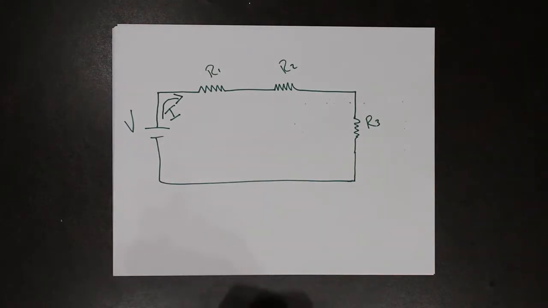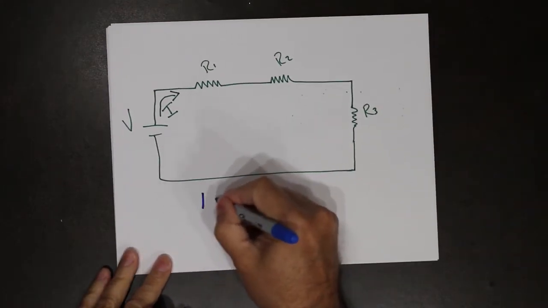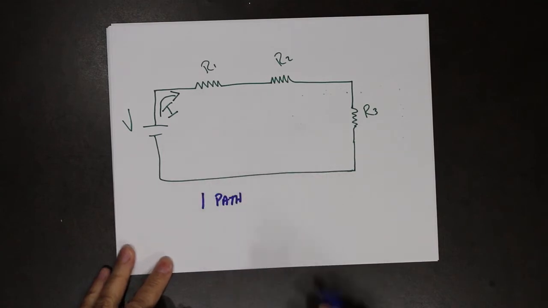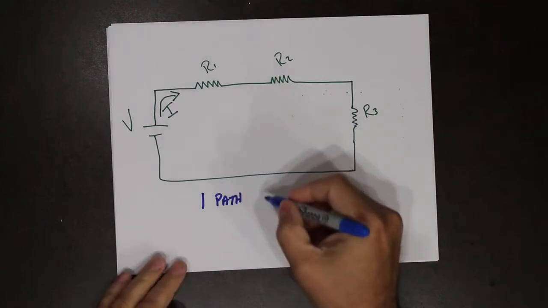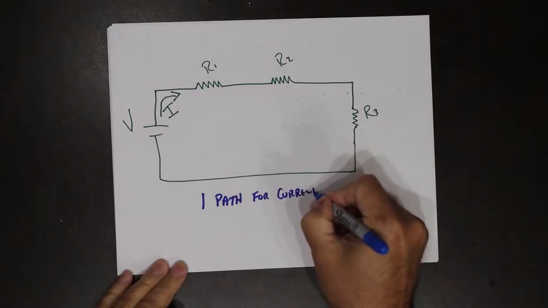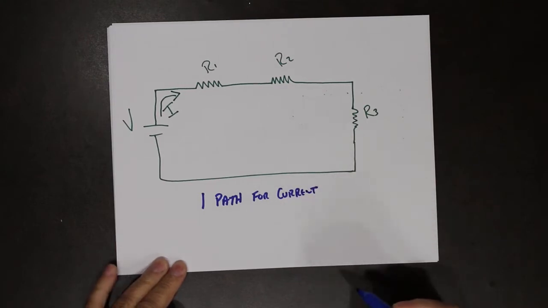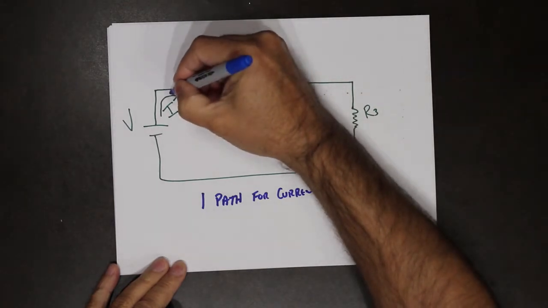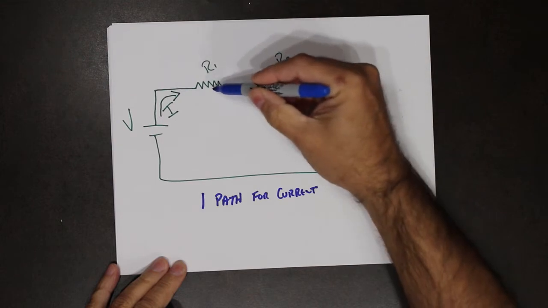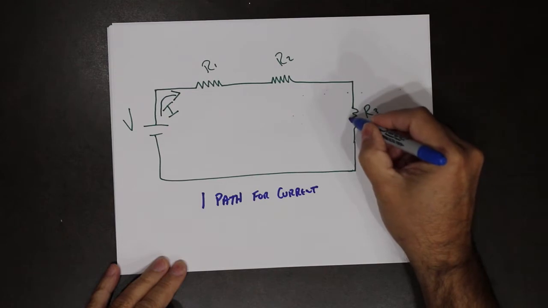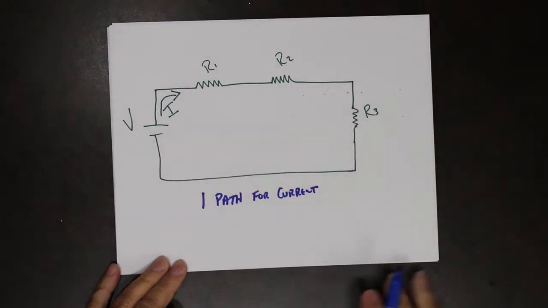If you notice, there is only one path in this particular case. There's only one path for current to go. So that must mean that the current, as it leaves the source, goes through this resistor, goes through this resistor, and goes through this resistor before it returns.